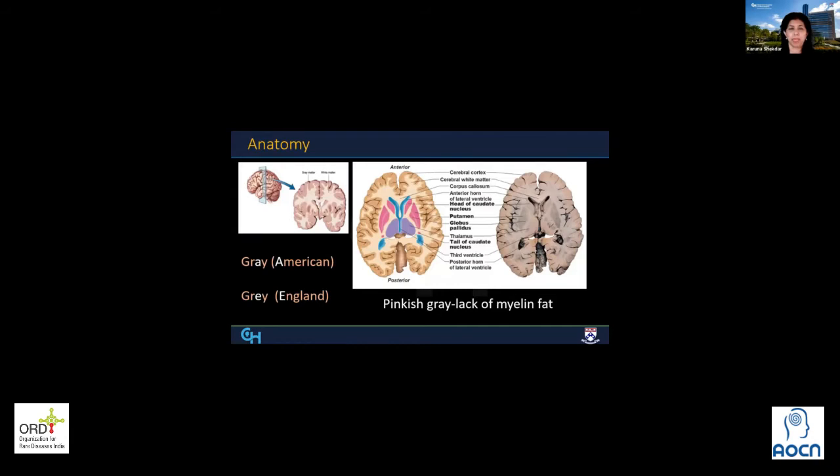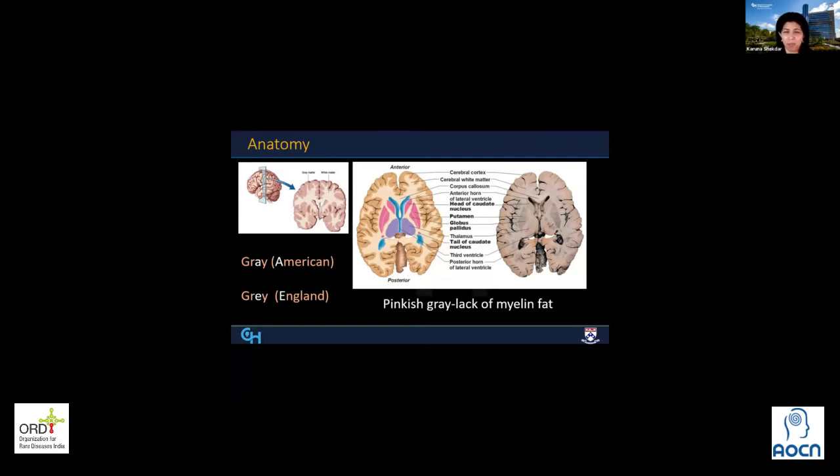So right from the beginning, I want to tell you that in this part of the world, gray is spelled with an A, that is the American way. And what I learned in school, and for half my life, it was grey with an E, because that is the way it is spelled in the UK and the Commonwealth countries.